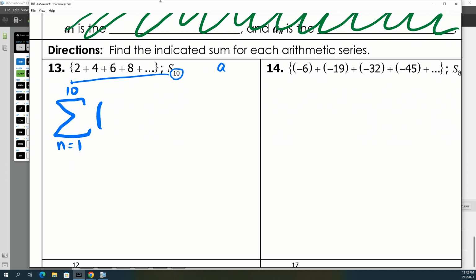We're going to write our formula where we need the first term, which is going to be 2, and we need the common difference. What is that going to be? 2. Also 2. Good. And then we're just putting them into the formula. So it's the first term plus n minus 1 times the common difference.